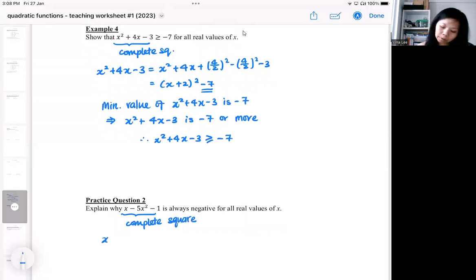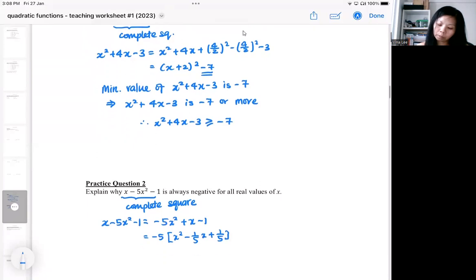Be careful if you're going to complete the square for this. Reshuffle the terms first, and make sure you remember to factorize out the -5. Then try to complete the square. Eventually, you should get something like this.